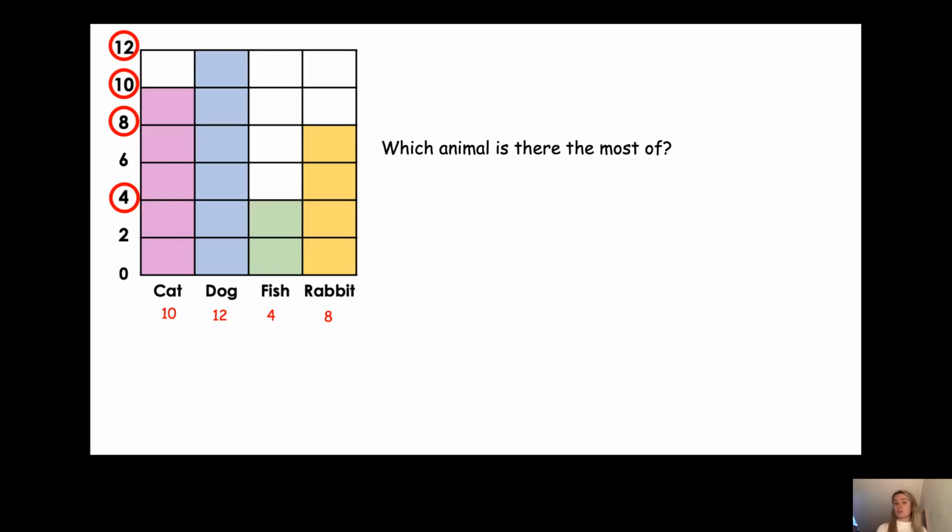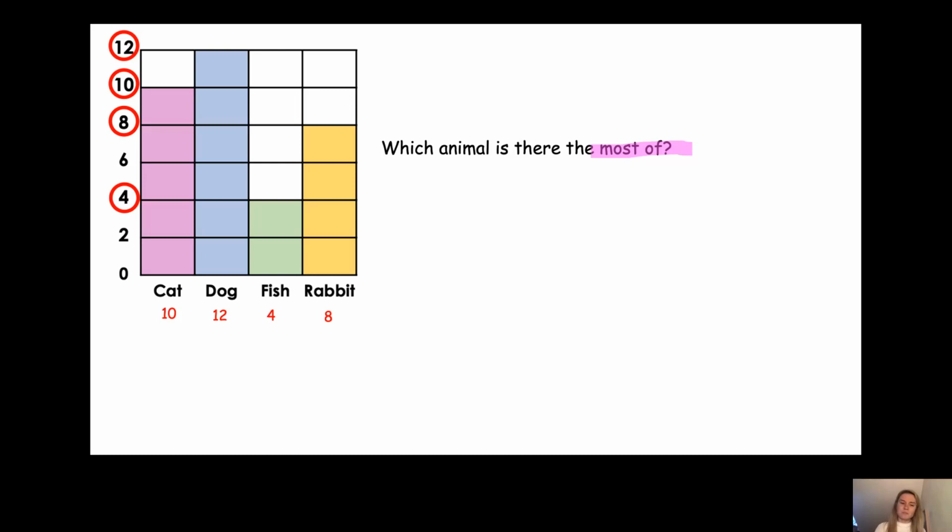Now our first question asks us, which animal is there the most of? Now the key word in this is most of, okay? So we are looking for the largest number, because when we look for the most of something, we look for the largest number, the greatest number. Now we've already worked out how many there are of each animal. So now we just need to look for the largest number.